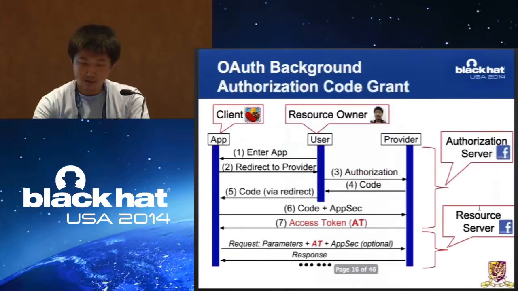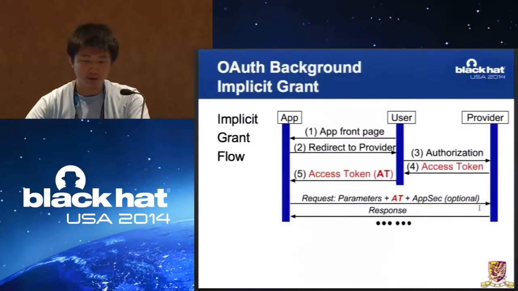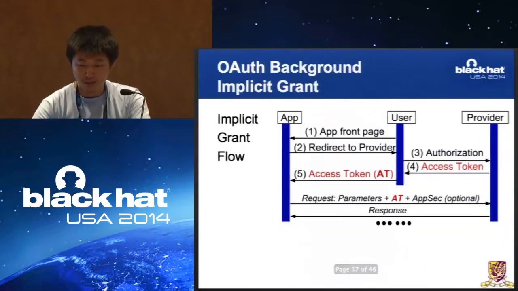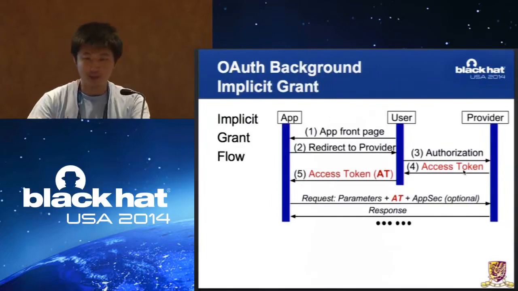And you know, this is the so-called authorization code grant flow. But there exists another thing in OAuth that is called implicit grant flow. Here you can see there is some difference. Instead of returning the code directly, the provider returns the access token to the user, and the user passes the access token to the application, and the application can operate further.